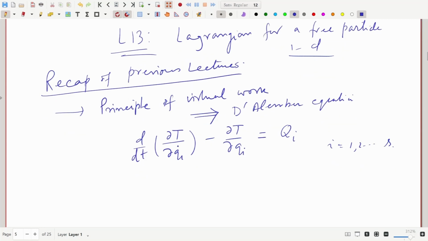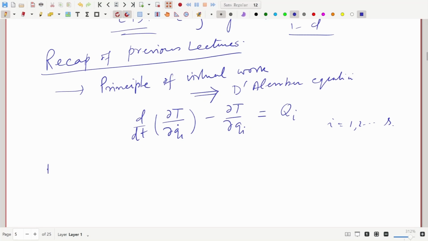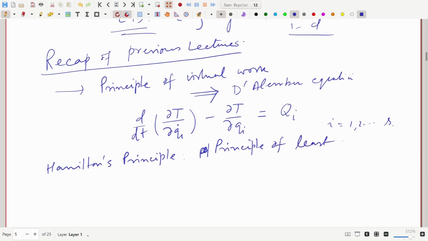Then we considered Hamilton's principle, which is also known as the principle of least action. It has two parts, as I repeatedly mentioned.